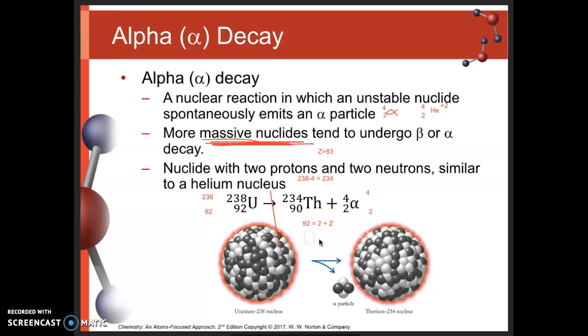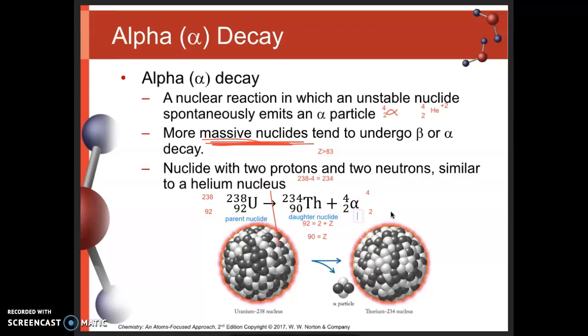If we do the algebra, we get that our atomic number is 90. So we've got a mass number of 234 and atomic number of 90. Atomic number 90 corresponds to Th, thorium, and so thorium is the daughter nuclide here. Again, using our appropriate terms, the uranium-238 is the parent nuclide and the thorium-234 is the daughter nuclide.